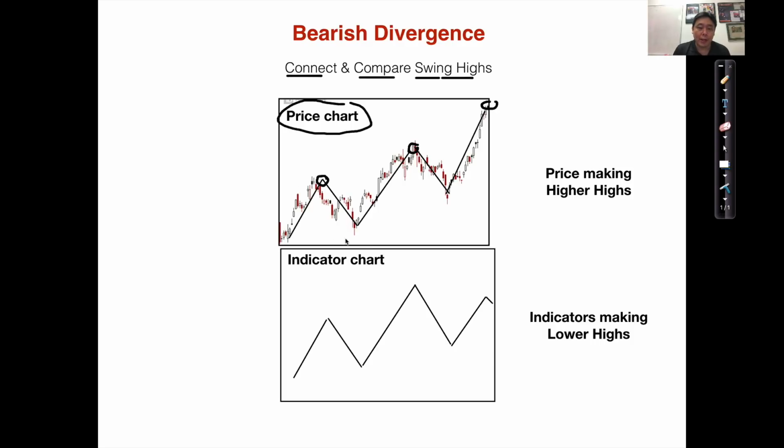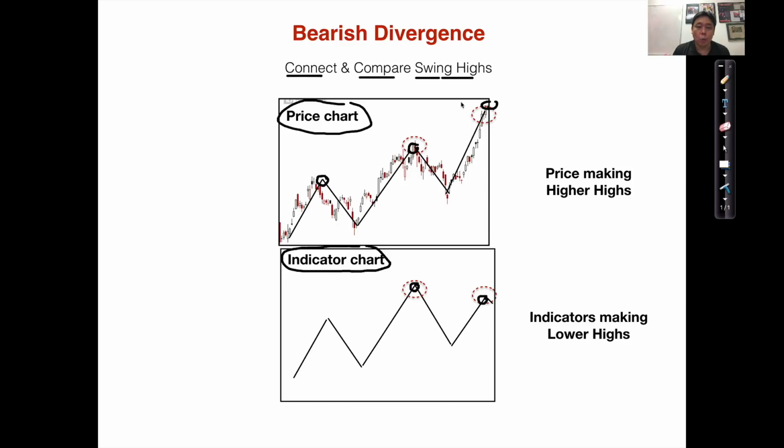So below the price chart, I have an indicator chart, which again could be any indicator, for example MACD or stochastics or RSI, any indicator, even force index, right? So on the price chart, we circle the swing highs, and on the indicator chart, we will also circle the swing highs, like so.